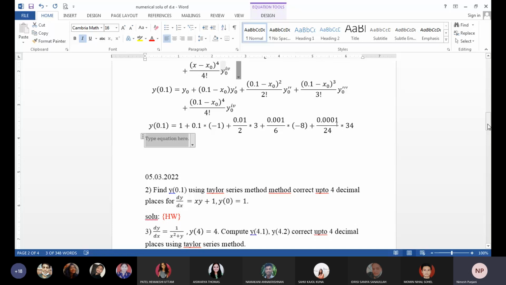Right? So now y of 0.1, 1 minus 0.1. Now we will simplify. 0.1 into 3 divided by 2, 0.01 into 3 divided by 2, that is 0.015, minus 0.001 multiplied by 8 divided by 6, 0.0013, plus.